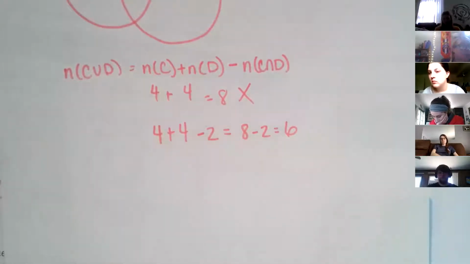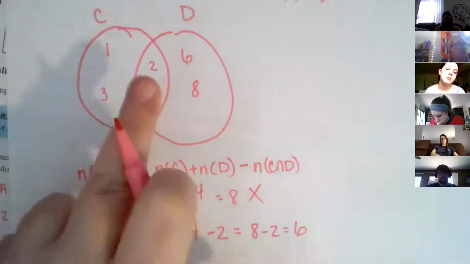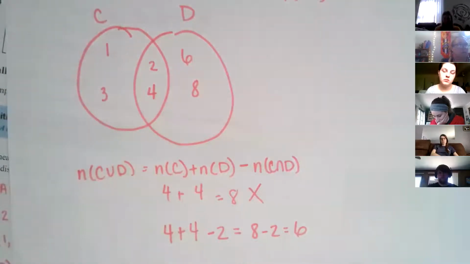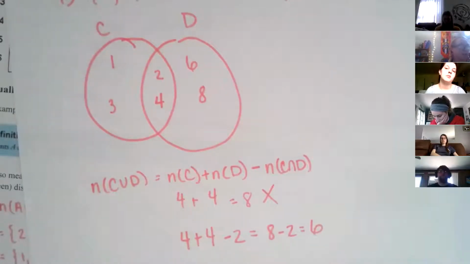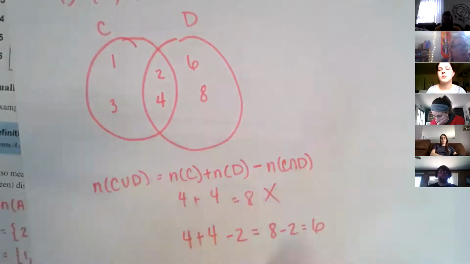But if we know they're mutually exclusive, that would mean that we wouldn't have to worry about subtracting out the double count. But when they have overlaps or dependencies on each other, then we have to worry about subtracting out that overlap. Does that make sense? Yeah, okay.